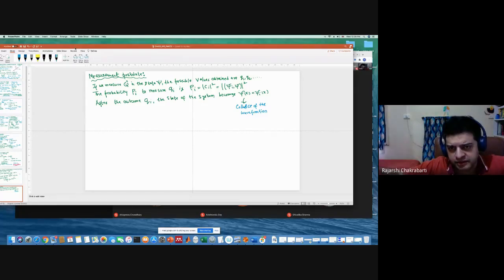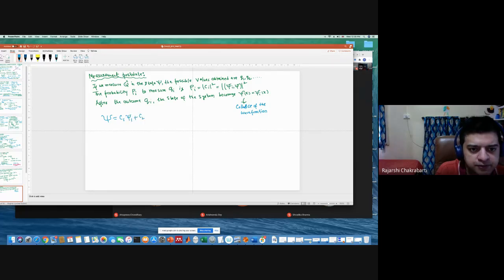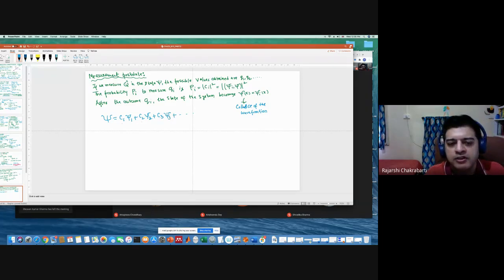And the probability is essentially the coefficient square, isn't it? Don't forget that your psi, the wave function, is C1 psi1 plus C2 psi2 and so on. So this coefficient will tell you how much psi1 you are mixing, how much psi2, how much psi3. So the coefficient square would give you the probability to measure Qi.